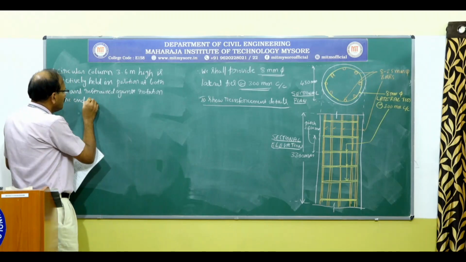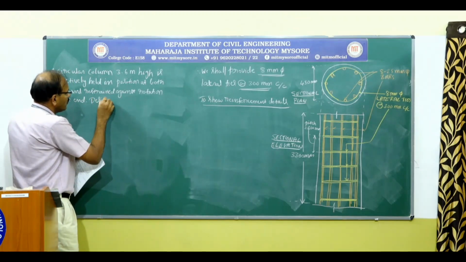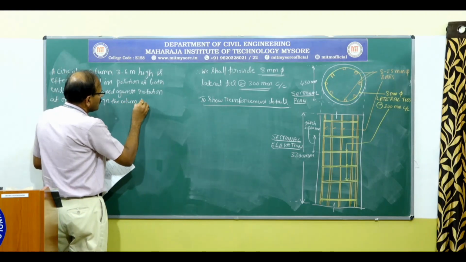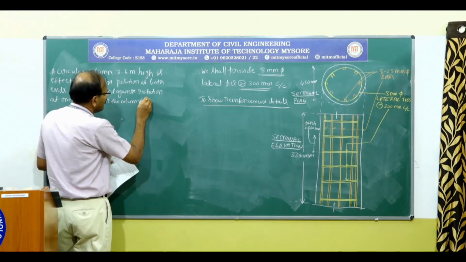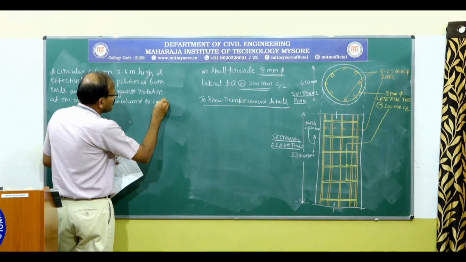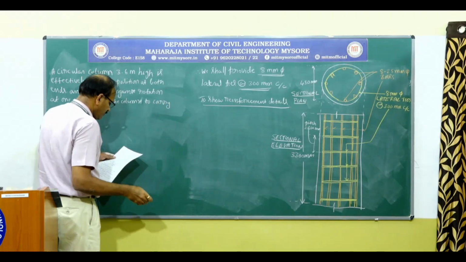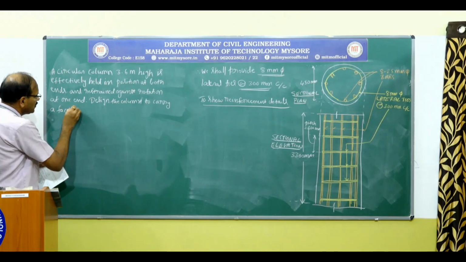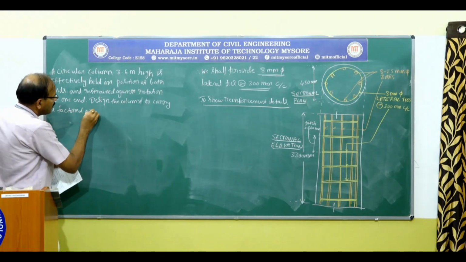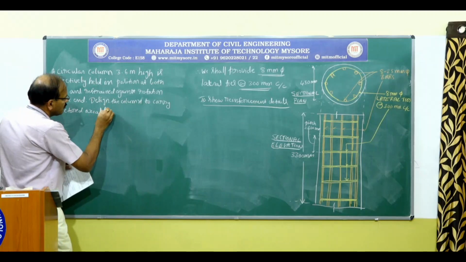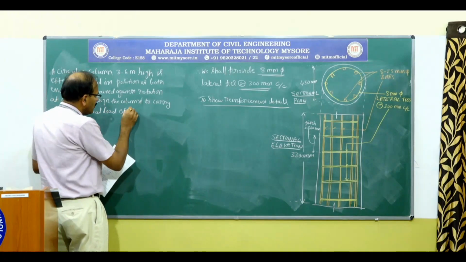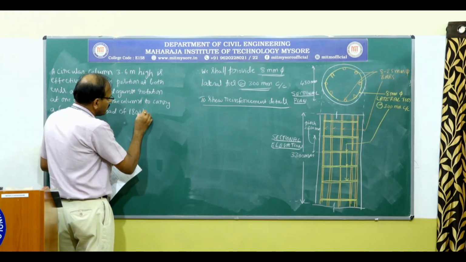Design the column to carry a factored axial load of 1800 kilonewton.